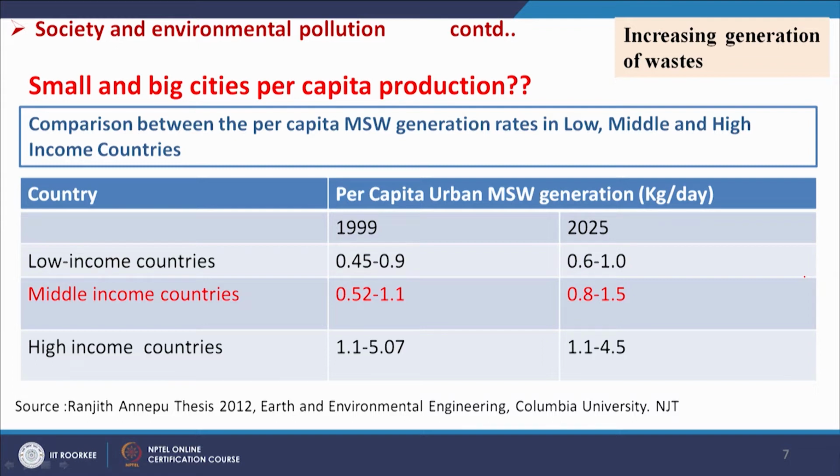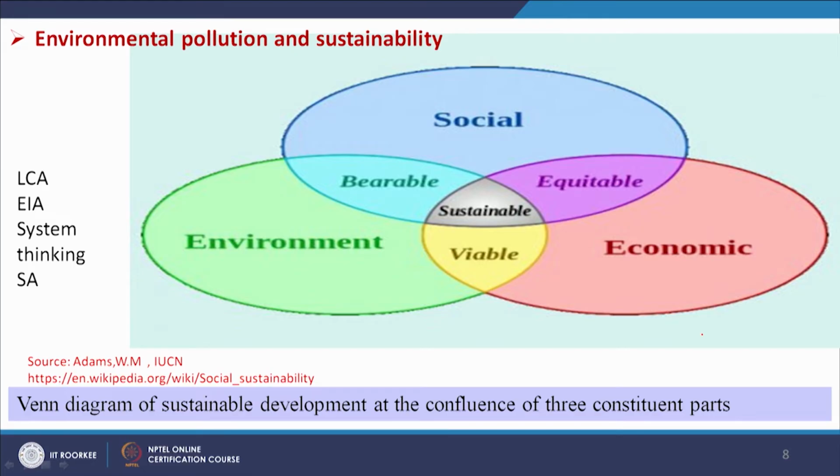So, we see that low income countries 0.45 to 0.9 is coming to 0.6 to 1.0, but for middle income 0.5 to 1.1 to 0.8 to 1.5 and for high income countries 1.1 to 5.07 to 1.1 to 4.5. So, what we see is that with economic development the waste generation is increasing gradually, and due to this our existence, the sustainability, is under threat.